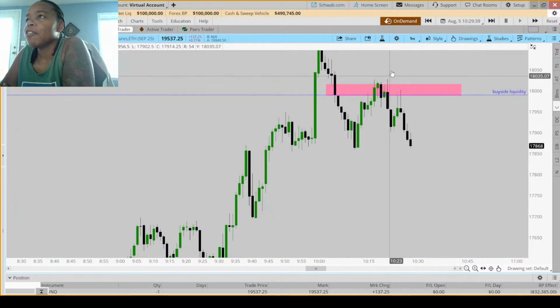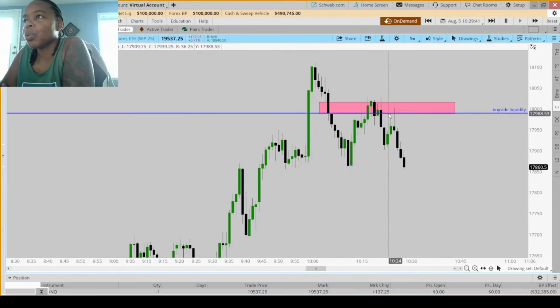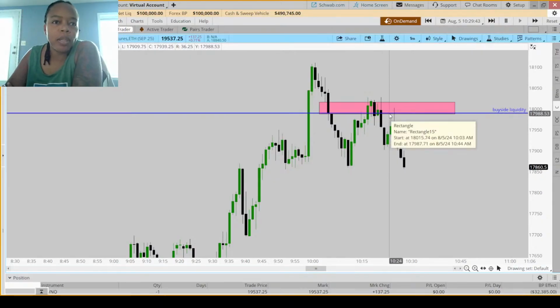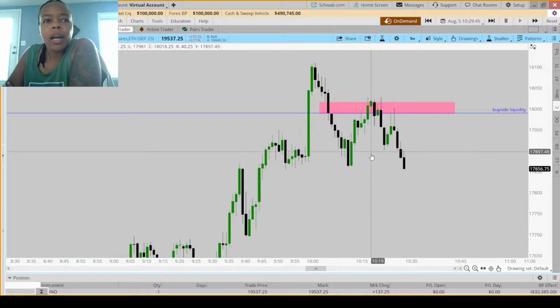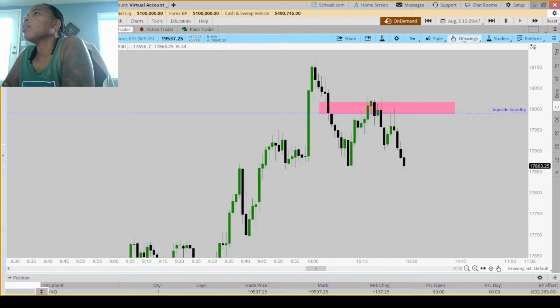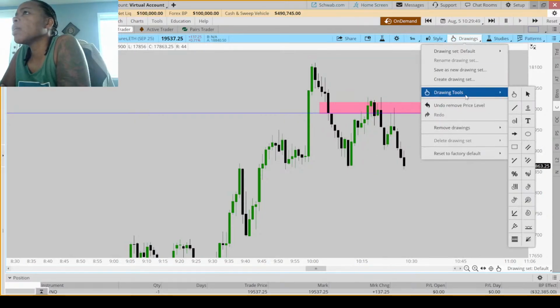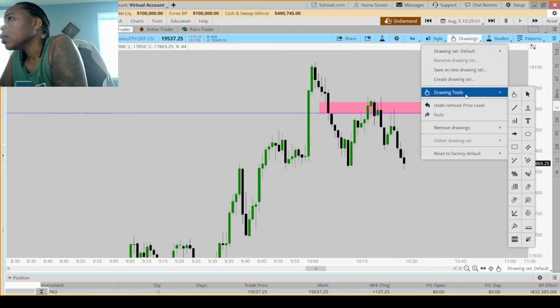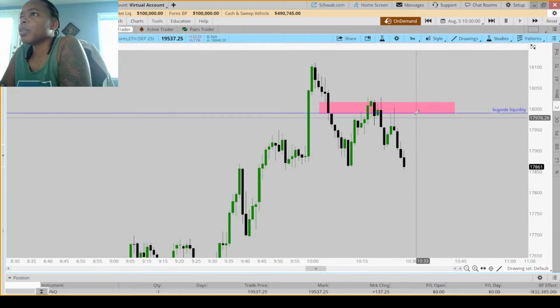So the fact that I was compelled to take the short here actually falls within the drawing tool. I don't know, I've never tried it. Let's see, drawing tools. I guess let's use a trend line, right?